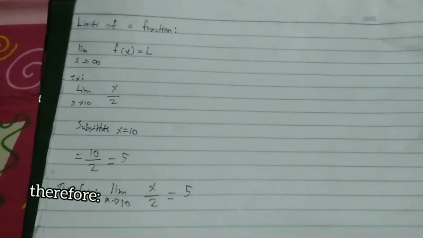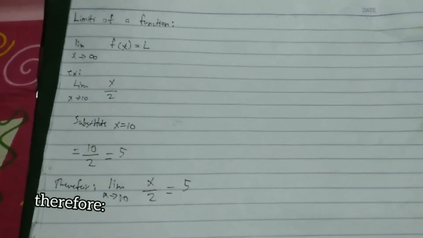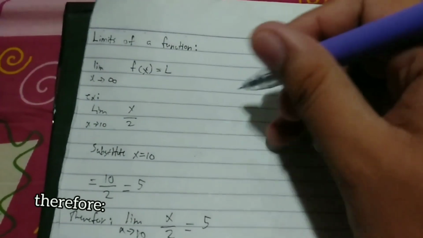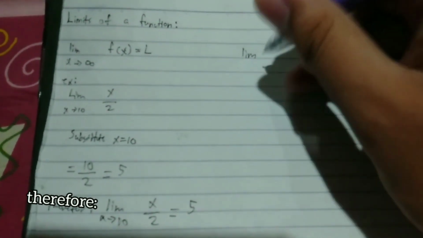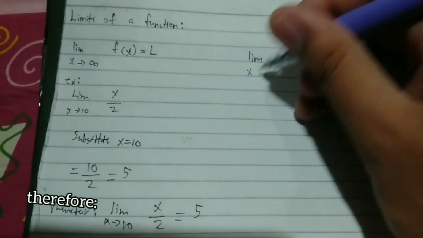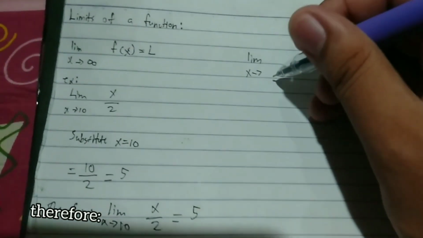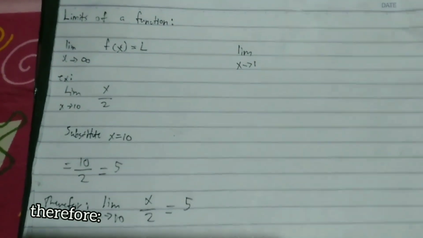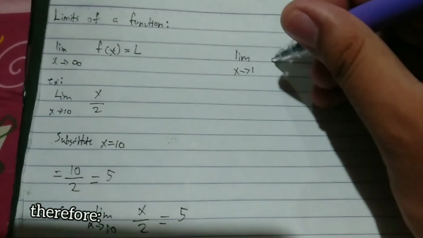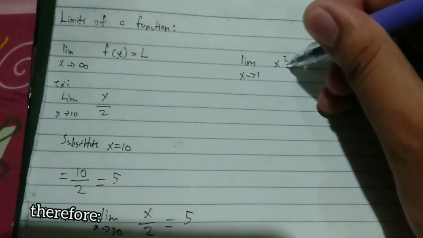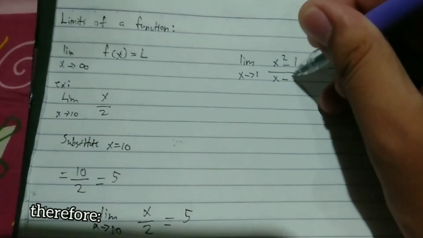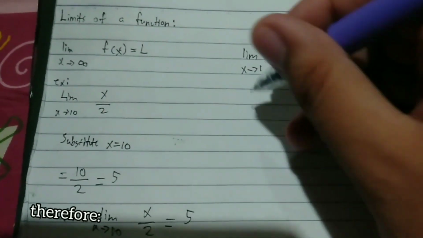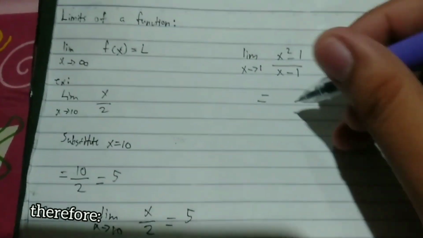So now for a second example, lim as x approaches 1 of x squared minus 1 over x minus 1. So we will factor it.